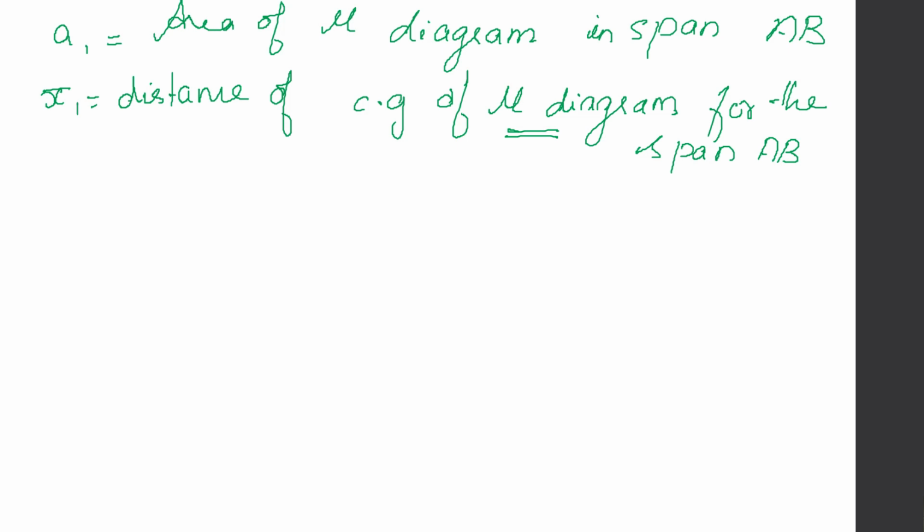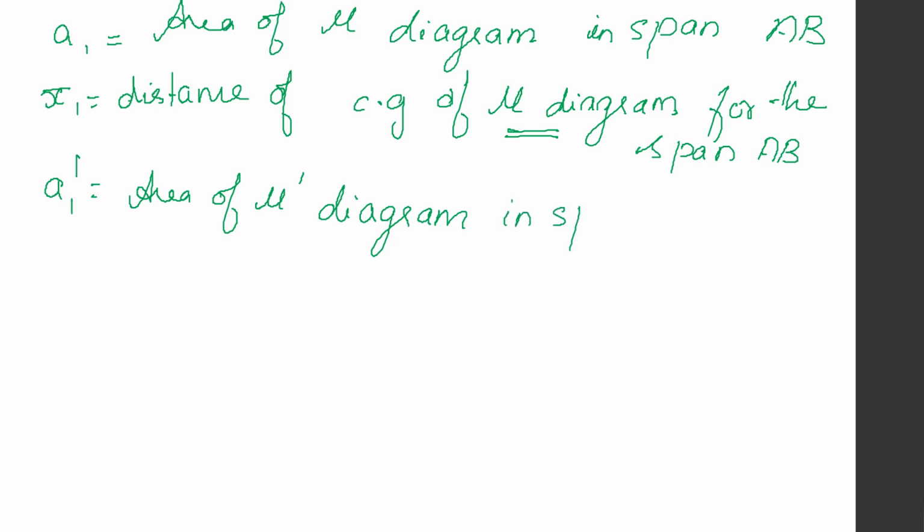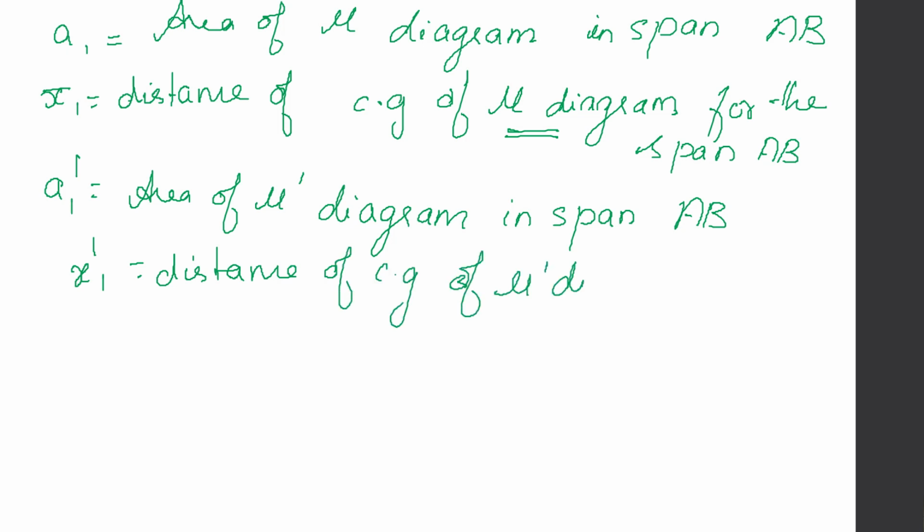Similarly, A1 dash is equal to the area of mu dash diagram, that is the bending moment diagram due to fixing supports in span AB, and x1 dash is equal to the distance of center of gravity of mu dash diagram, that is the bending moment diagram due to fixing support for the span AB.